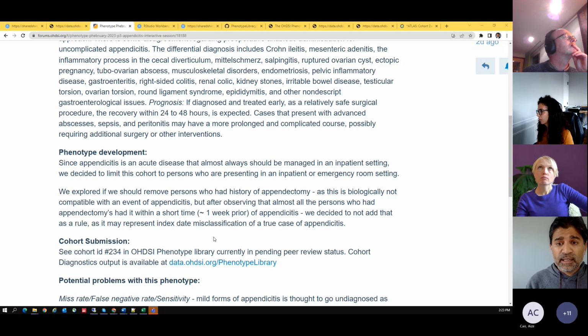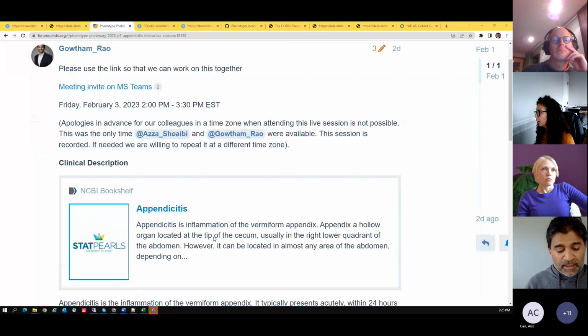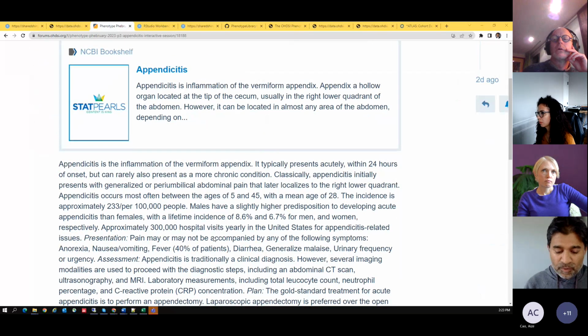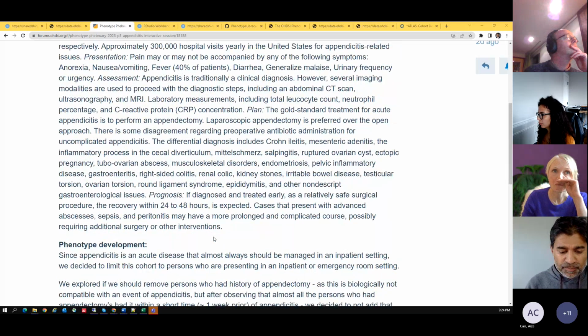So that's an ambiguity that I recognize in my clinical description right now. But your current clinical description is including both. As described, yes, it includes the milder forms and it includes the edge case of chronic condition. Any other questions on the appendicitis clinical idea?